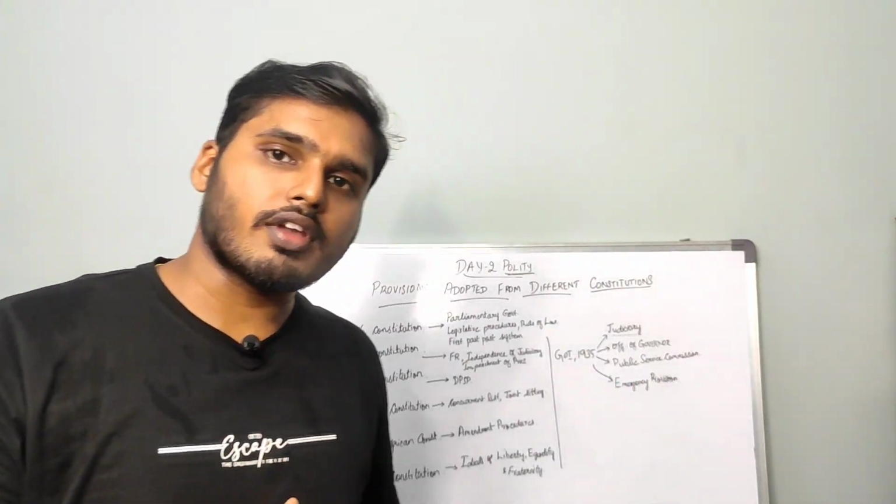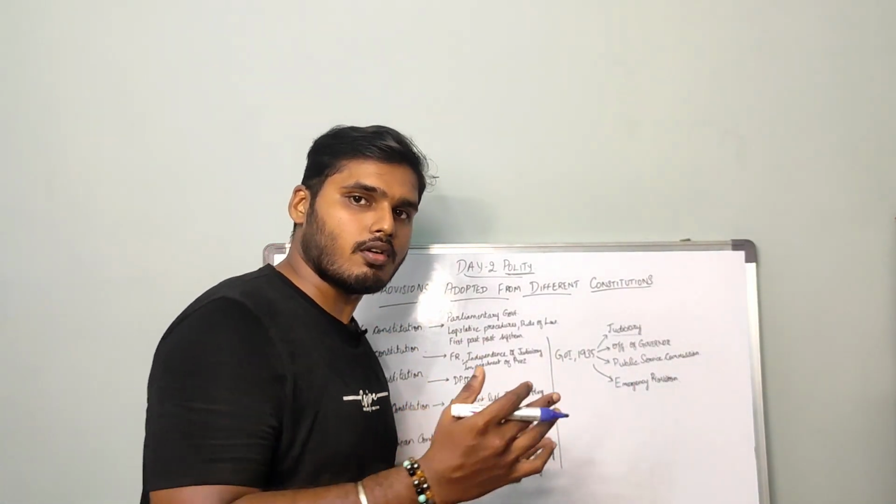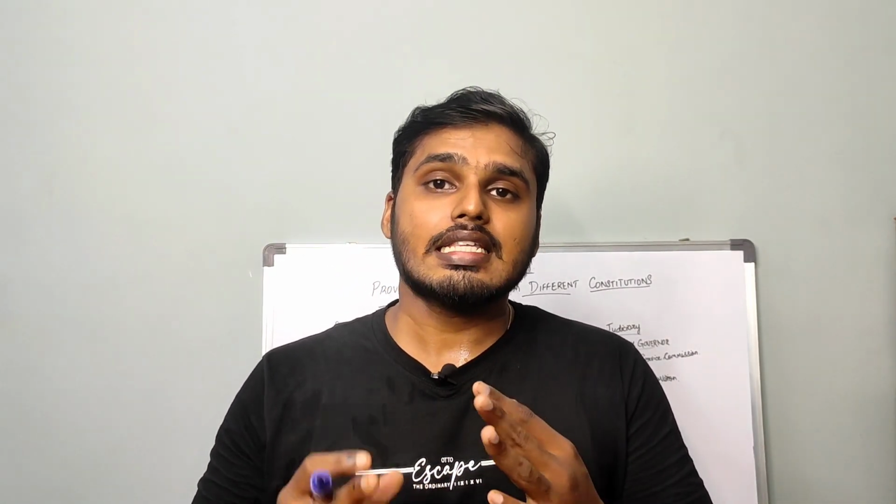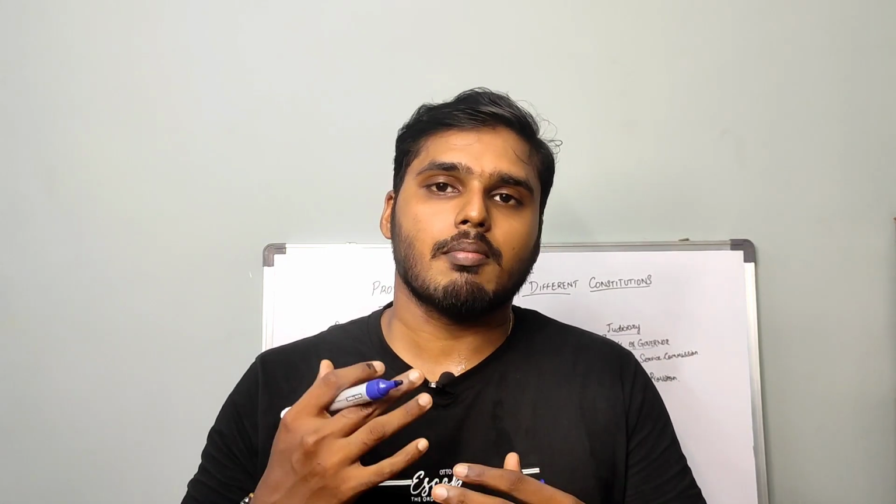The next feature that we have adopted from the 1935 Government of India Act is the office of governor. The office of governor is given the role of running the state when there is an emergency: when there is President's emergency and President's rule is taking place, the governor will take the role of administration.